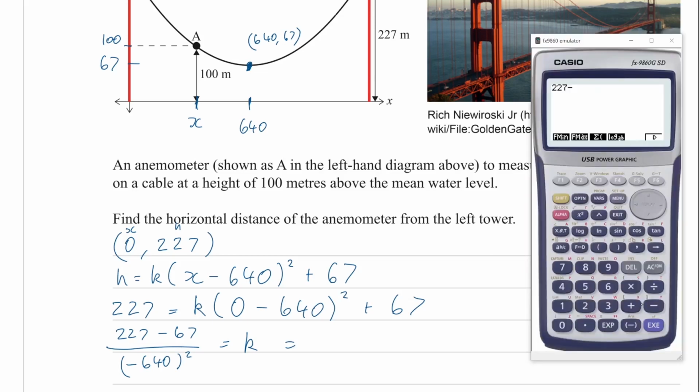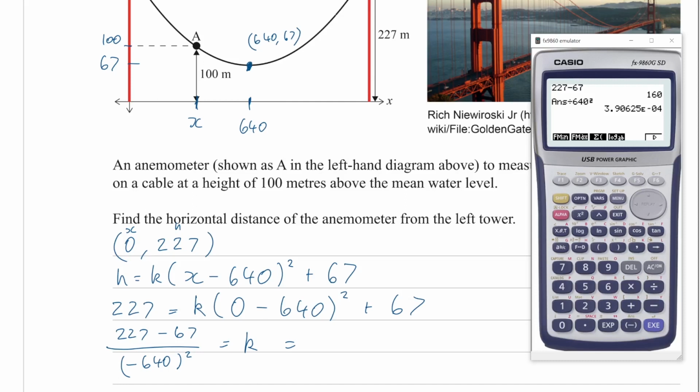Putting it in on our calculator: 227 minus 67, 160, divided by 640 squared. And I can just do 640 squared instead of negative 640 because the negative will be multiplied by a negative, so it'll become positive. Anyway, we get this thing. You might not have seen this notation before. That reads 3.90625 times 10 to the power of negative 4.